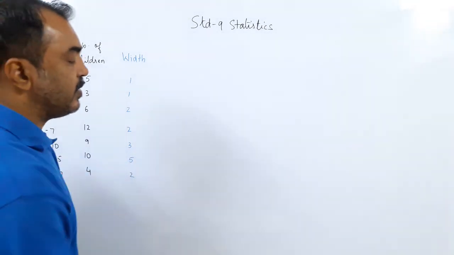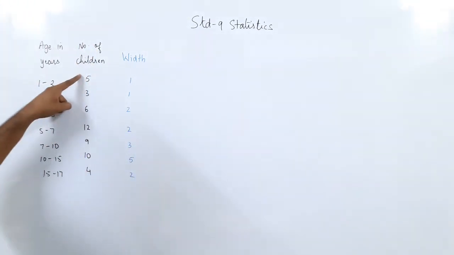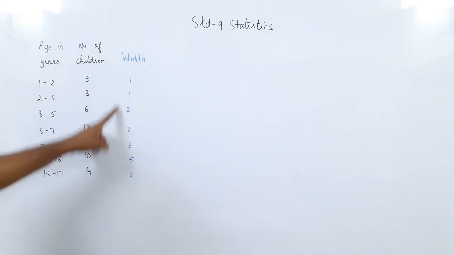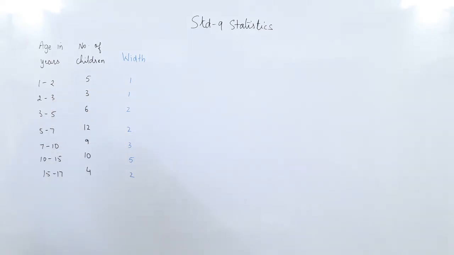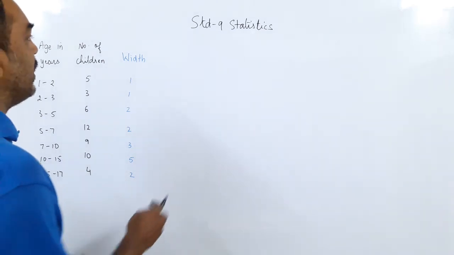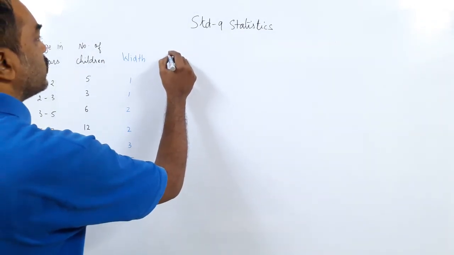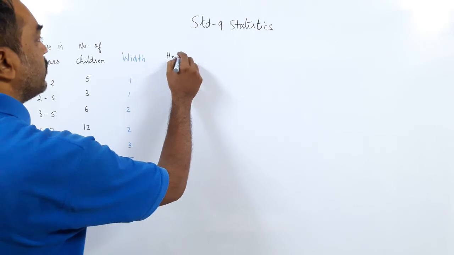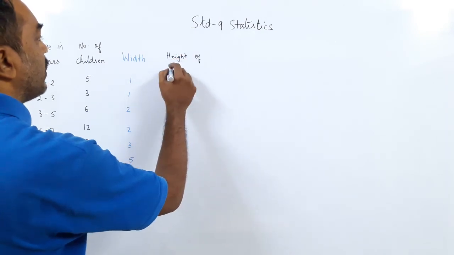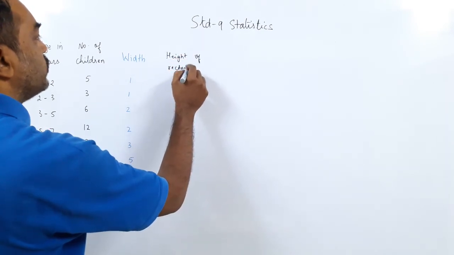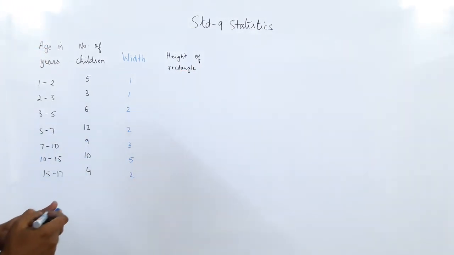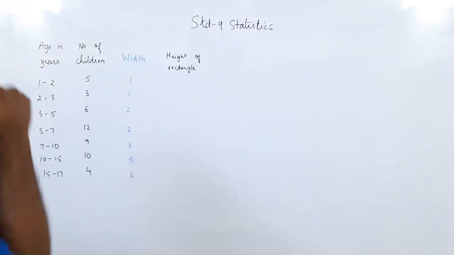The length of the rectangle, the height which we are going to draw cannot be this. Why it cannot be this? Because the width is varying. So the data is incorrect. So we have to correct the length of the rectangle or the height. You can say the height or the length of the rectangle needs to be corrected.